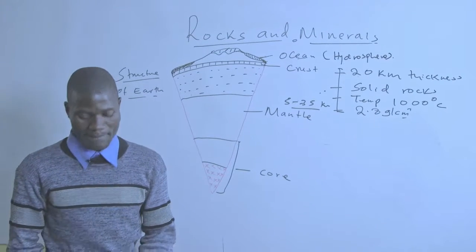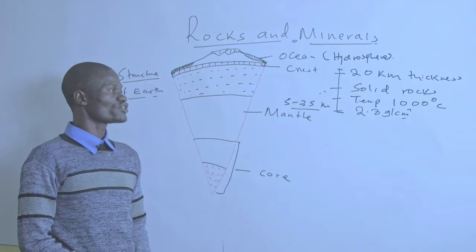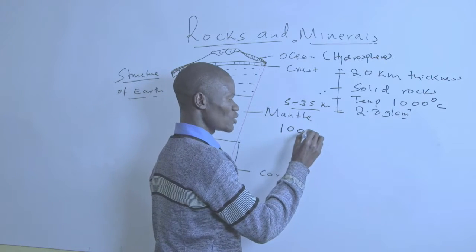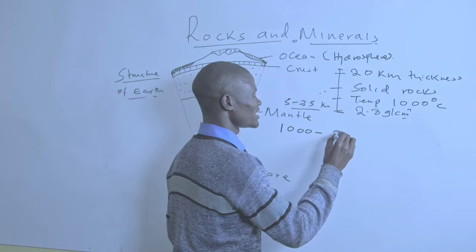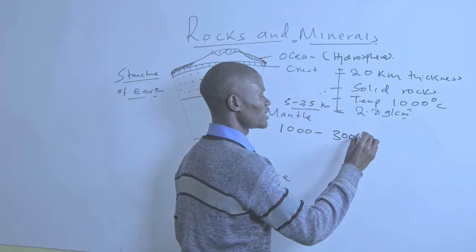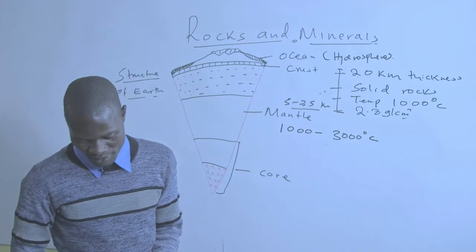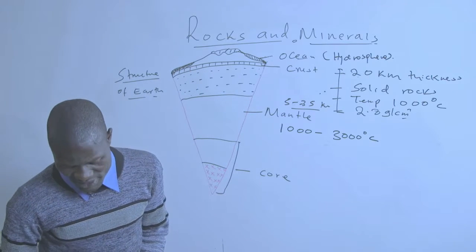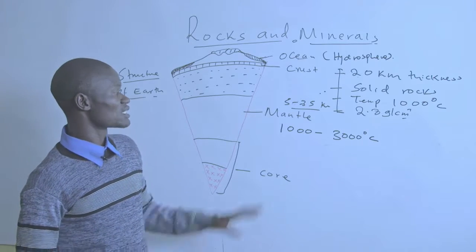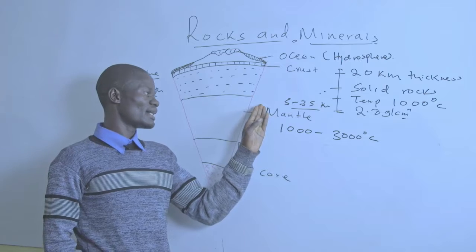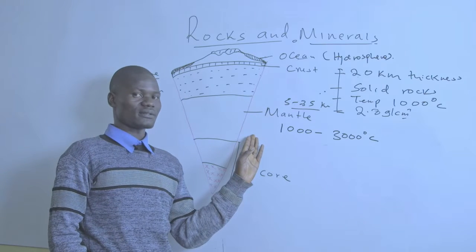The upper part has a temperature ranging between 1000 to 3000 degrees Celsius. The mantle is divided into two: we have the upper part and the inner part.